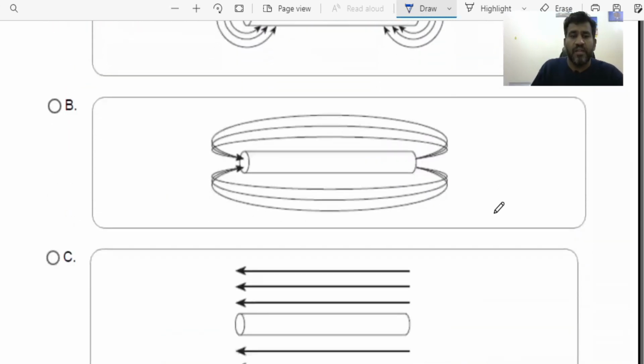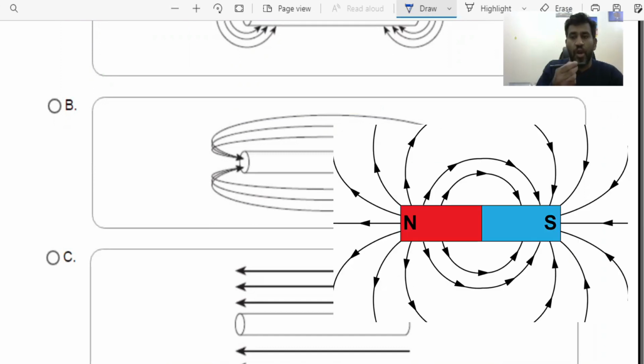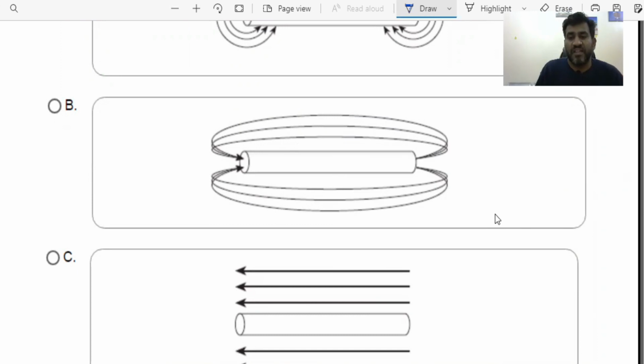And look here, option B is representing the direction of the magnetic field for the bar magnet. The magnetic rod, or you might have heard it called a bar magnet. In the bar magnet, the directions of the magnetic fields are like that. This point is said to be north, and this point is said to be south.